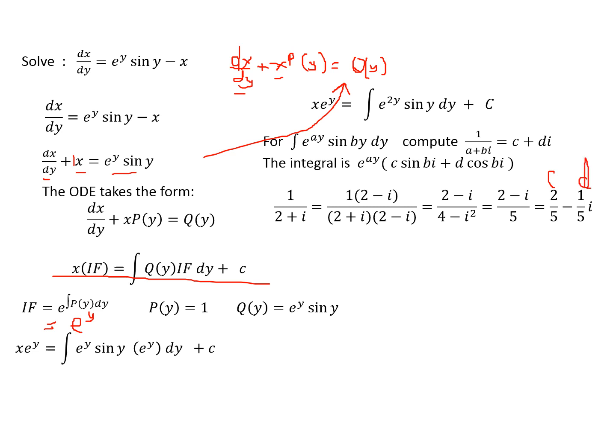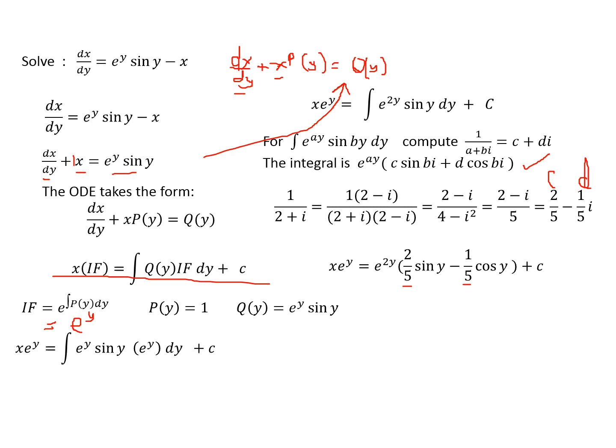Therefore in the integral, you will just attach that 2/5 and negative 1/5 in this equation, where a is 2 and b is 1.